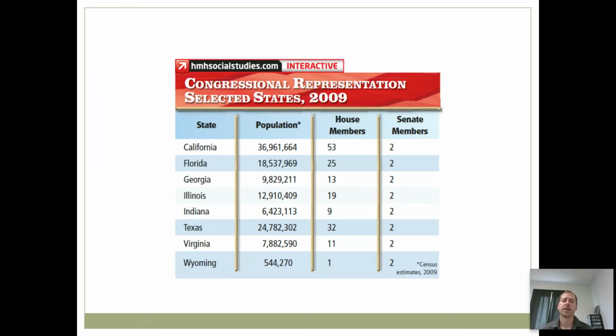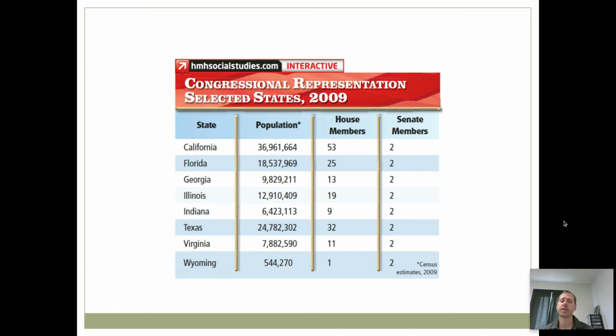This is just a chart that shows representation for some different states based on population. Now you see on the right, senators, they're equal. But in the House, it's based on population. So you look at the population of the state, and the larger the population, the more members in the House they're going to have.